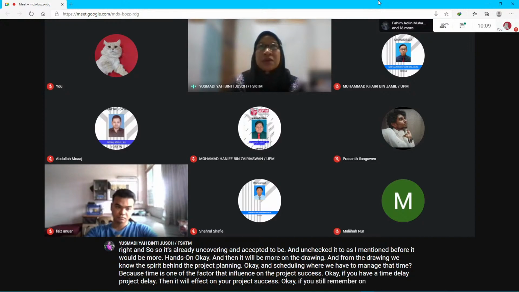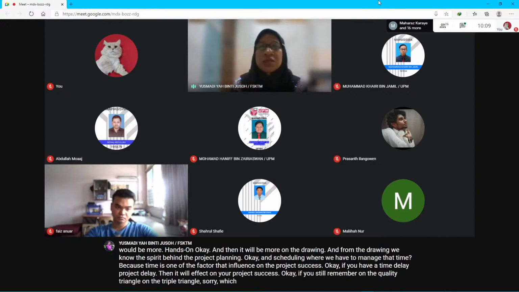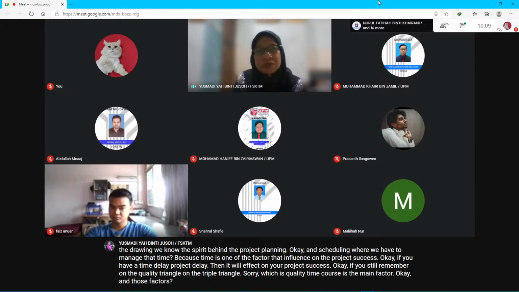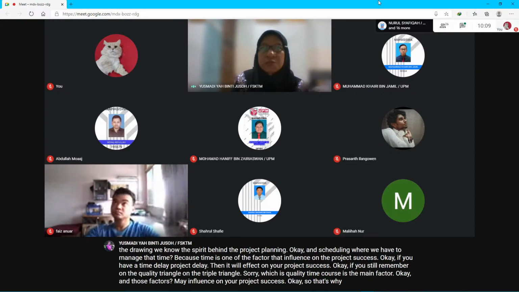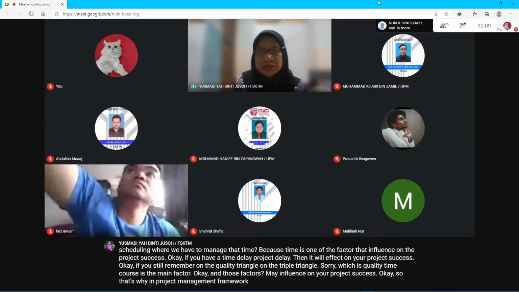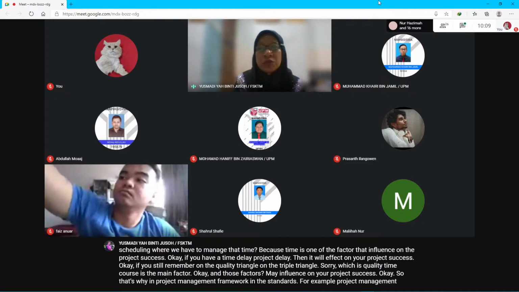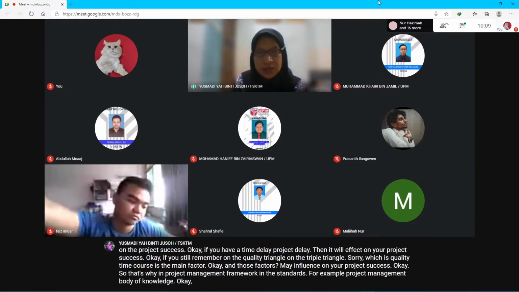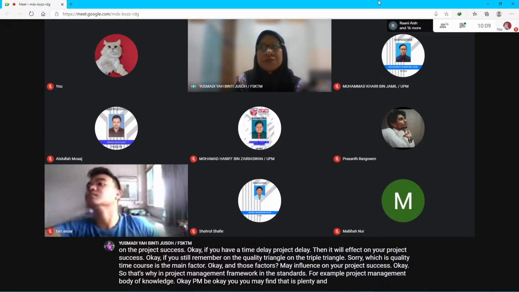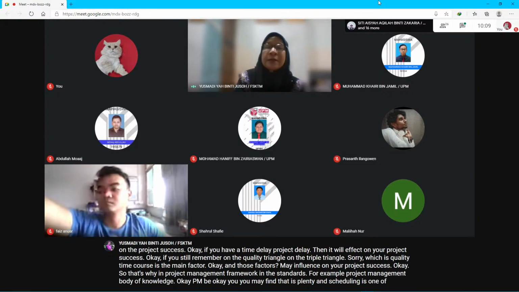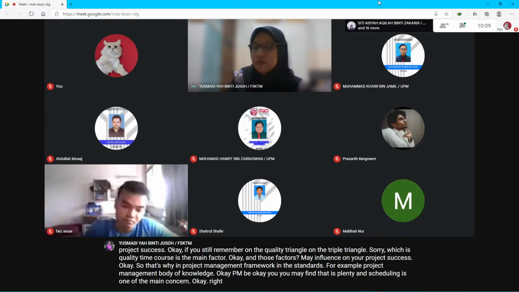If you still remember the quality triangle, sorry, the triple triangle, which is quality, time, cost, is the main factor. Those factors may influence your project success. So that's why in project management frameworks and standards, for example, the Project Management Body of Knowledge, PMBOK, you may find that planning and scheduling is one of the main concerns.